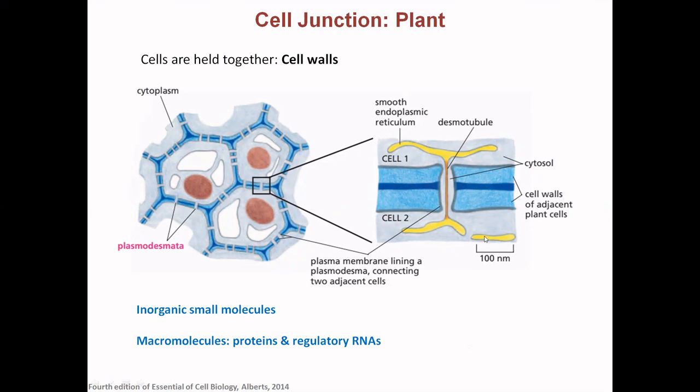That is the counterpart of the gap junctions found in animal cell junctions. Through the plasmodesmata, there is movement of small inorganic molecules as well as macromolecules like proteins and regulatory RNAs from one cell to another. Like this, the cytoplasm of all the cells in plants are connected by plasmodesmata. Thank you.